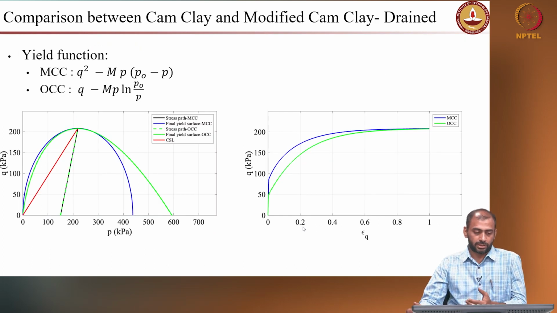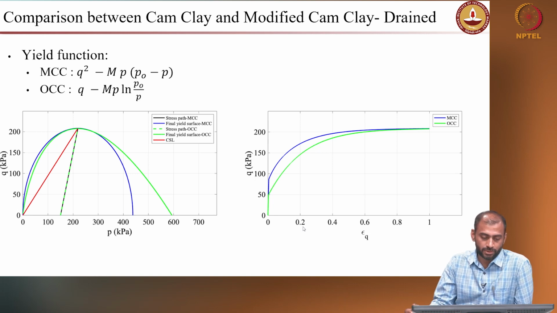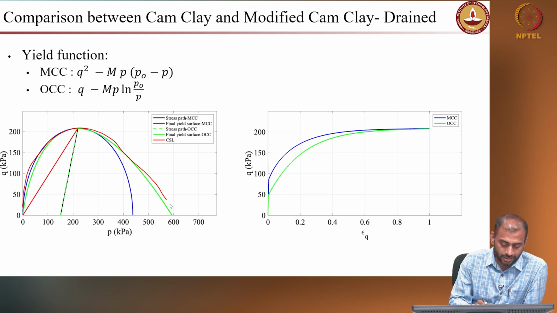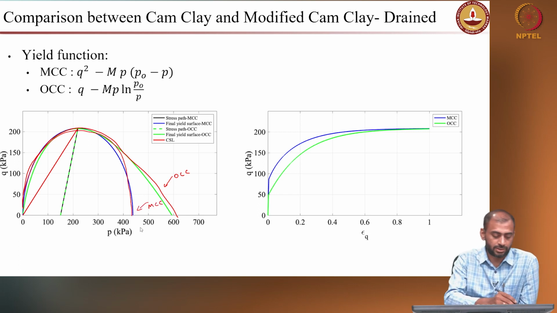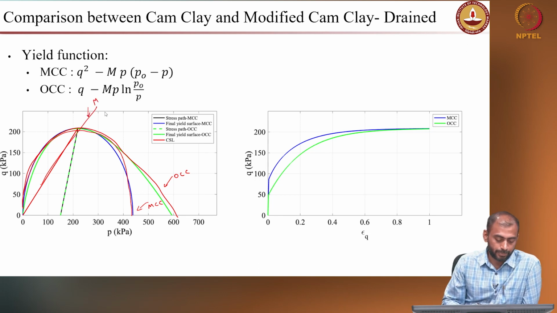Here I am trying to compare the stress strain and volume change response between the original Cam-Clay model and the modified Cam-Clay model. As you can see, the failure locus is somewhat leaf like because of the presence of the logarithmic term in case of original Cam-Clay model, and this is an elliptical failure locus in case of the modified Cam-Clay model, right. This is your failure line, failure envelope M, right.